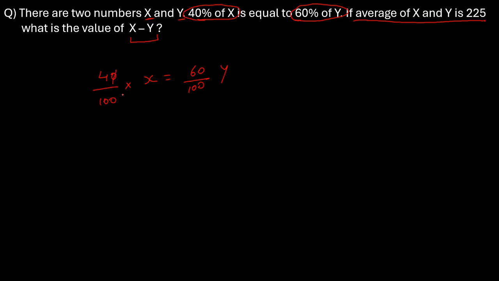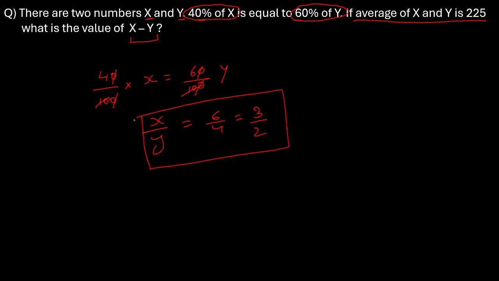From this we can say that 10 and 10 get cancelled. x by y equals 6 by 4, that is equal to 3 by 2. So the ratio of x and y is 3:2.